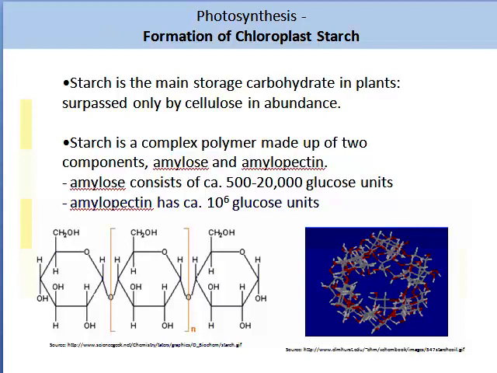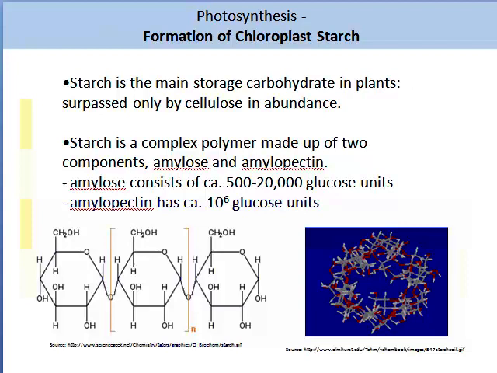Starch is a complex polymer made up of two components, amylose and amylopectin. Starch is called a polysaccharide. That means it has many glucose units. The glucose molecules can be arranged in many different fashions depending on the bonds between each glucose, and these bonds are known as the glycosidic bonds.